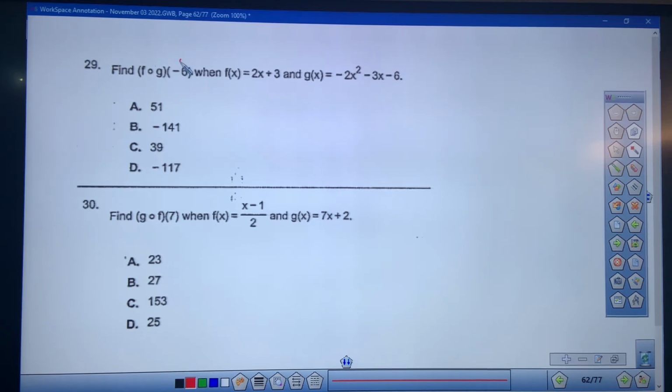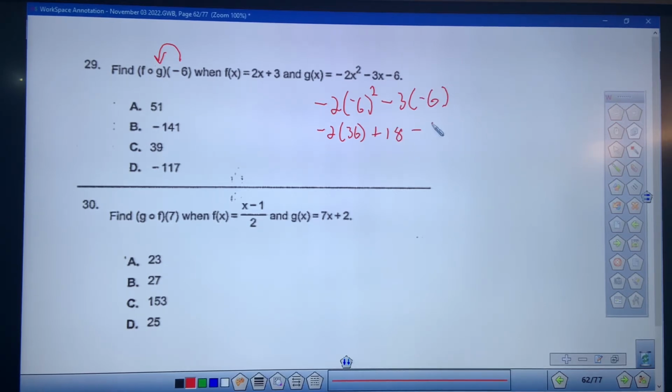F of g of negative 6, you want to plug the negative 6 in the g first. So this one's going to be a whopper. So negative 2 times negative 6 squared. So that would be negative 2 times 36, minus 3 times negative 6. So that would be plus 18 minus 6.